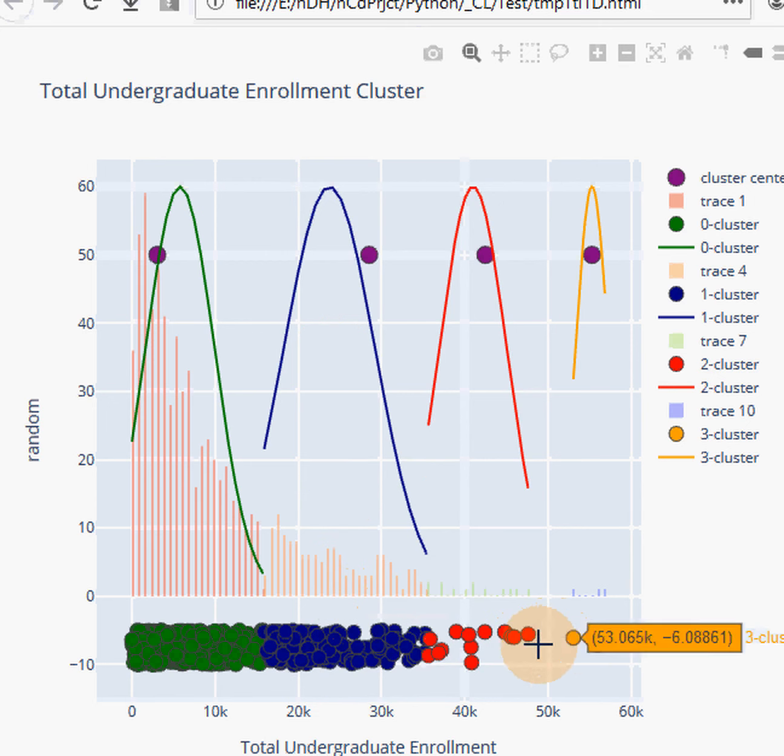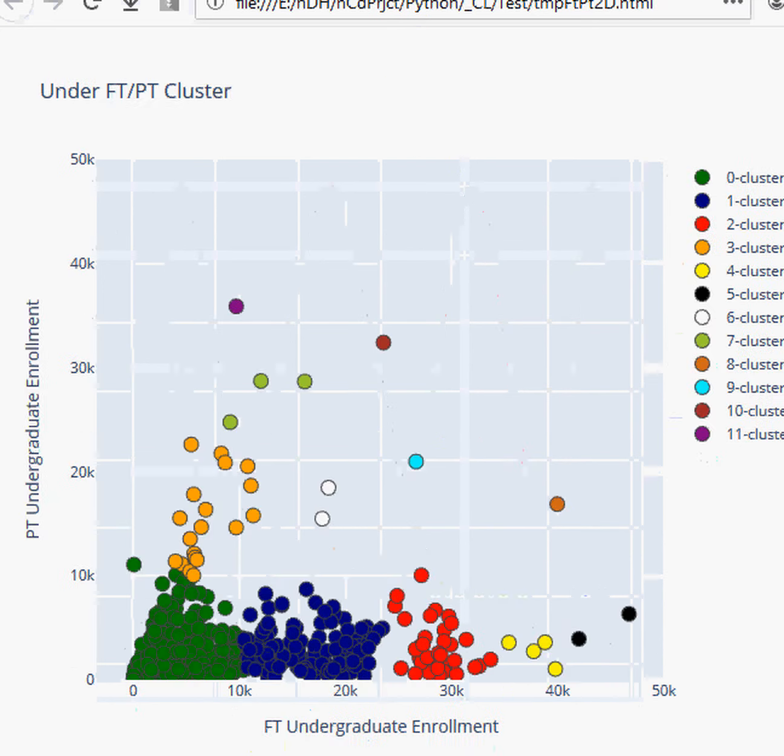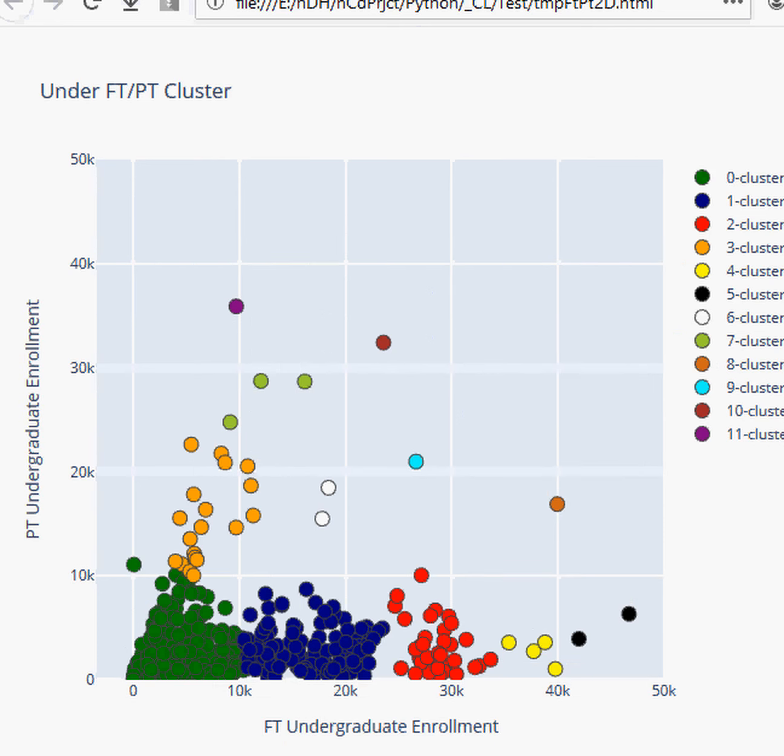The third cluster is over here, the red one, and the fourth cluster is the orange one. So this is with one single variable. If we look at the second one, we do a two-variable clustering analysis. One variable is the full-time undergraduate total, and the other is the part-time undergraduate total.